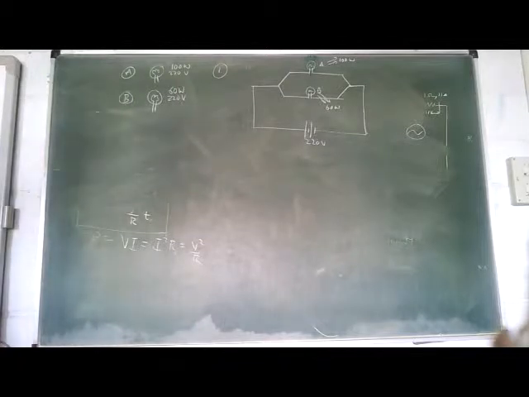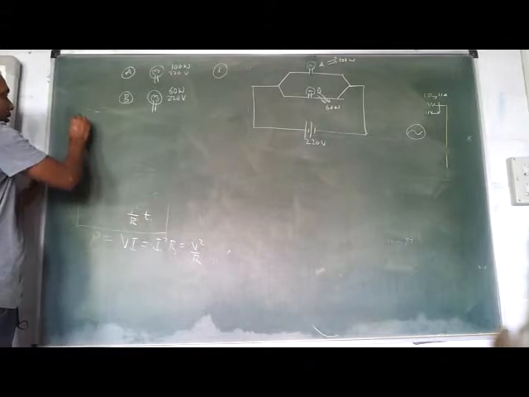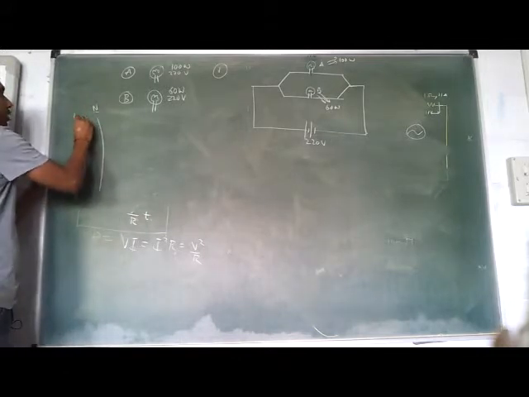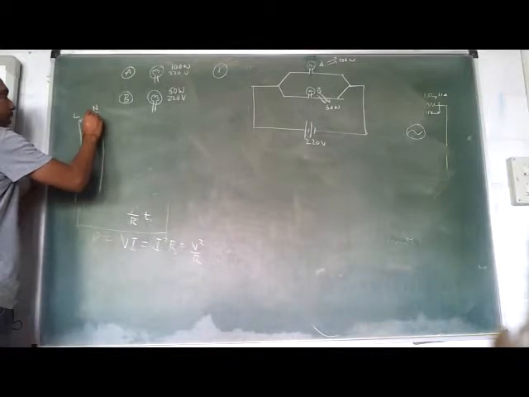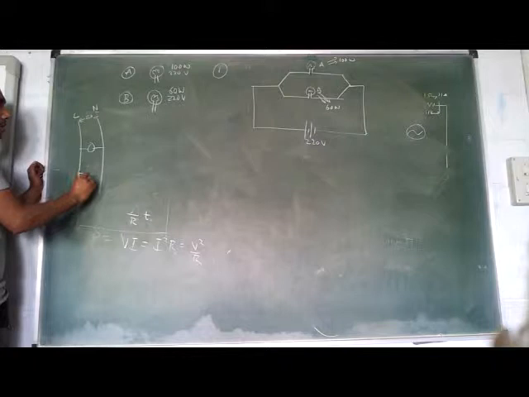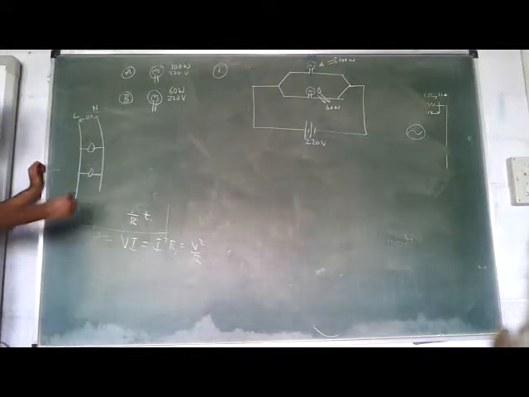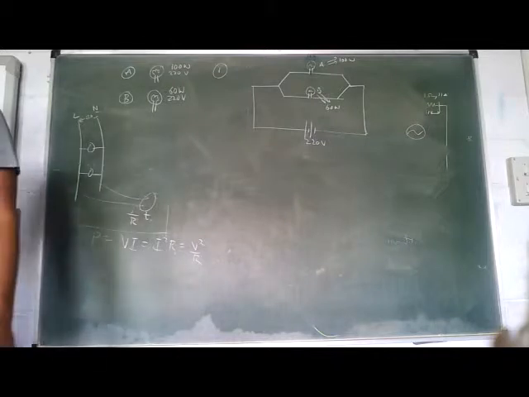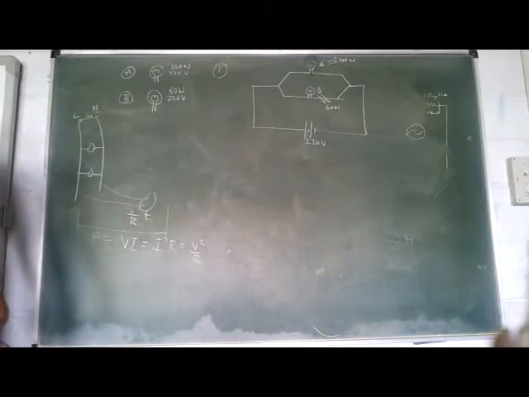Across this fan, across that tube light, all the appliances are in parallel. This is your live wire running, this is your neutral wire running. The voltage across live and neutral is 220, right? You take out one wire from live, one from neutral and apply your appliance, so you get 220 volt for everything.